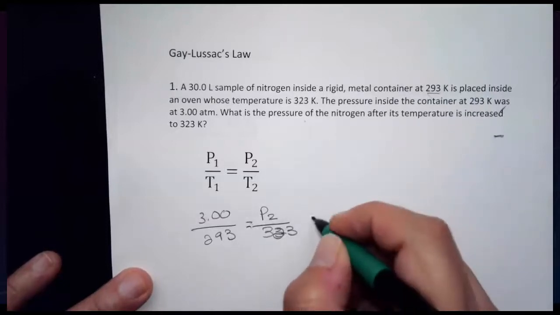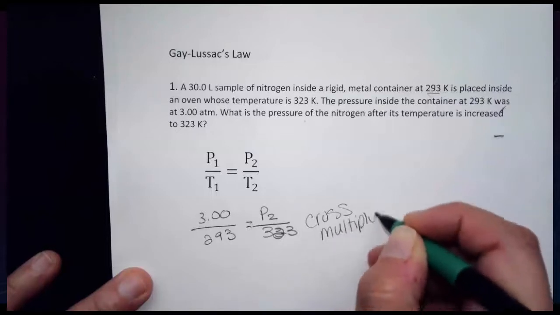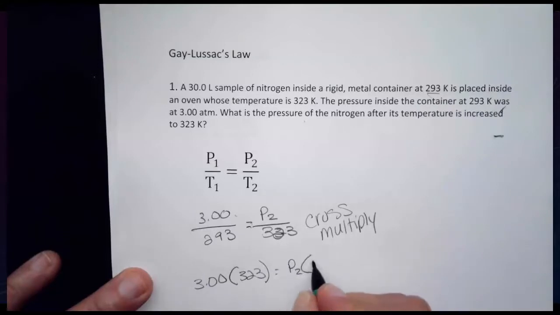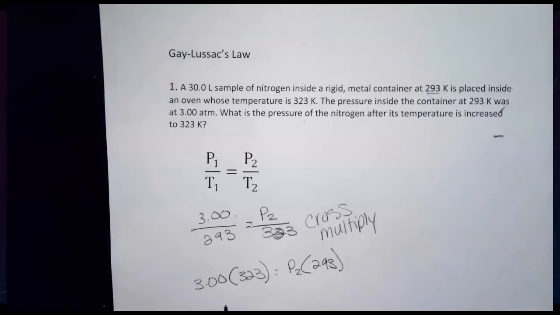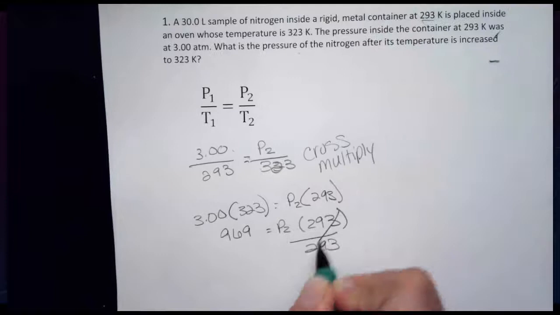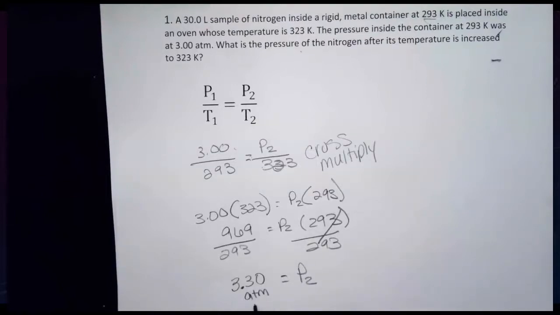We're going to cross multiply, and so we'll get 3.0 times 323 because we're cross multiplying, equals final pressure times 293. Do the math. 3 times 323 divided by 293 to get the final pressure by itself. And your final pressure is 3.30 atmospheres.